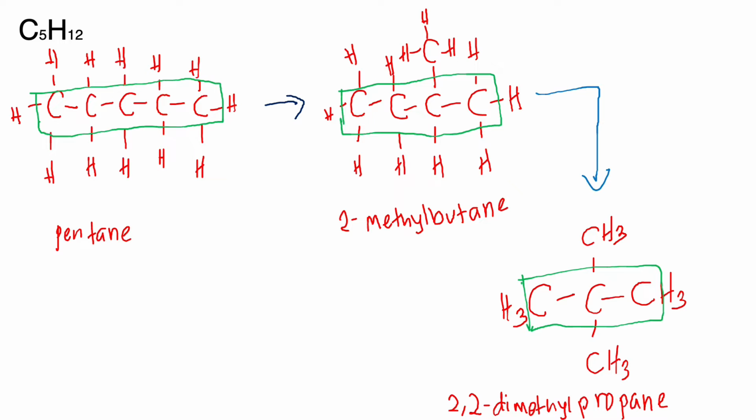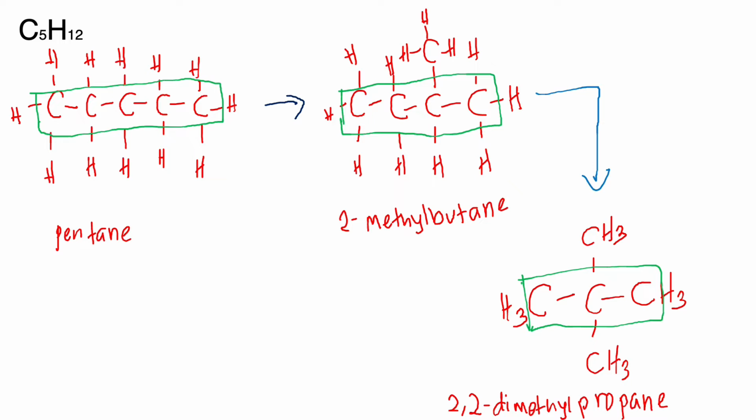Now, I want you to pause and I want you to see. Kita tengok semula because we are talking about chain isomerism. As you can see, ketiga-tiga ini, all these three, they have the same functional group, they have the same homologous series, which is alkane. However, they differ in the carbon skeleton.